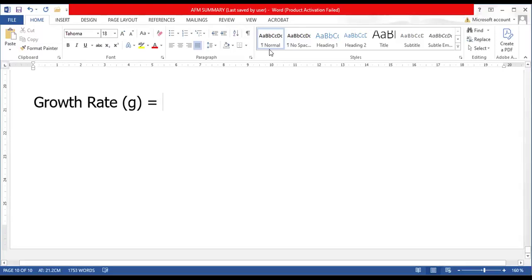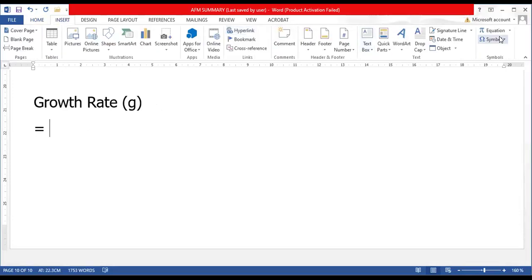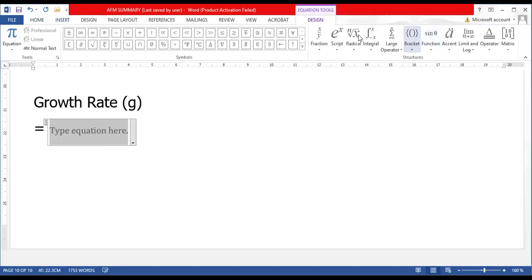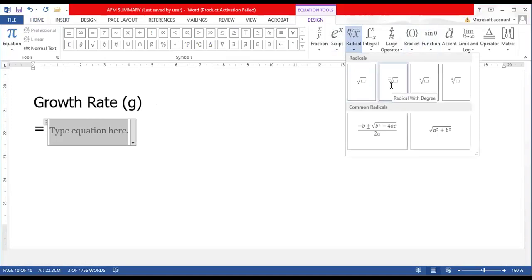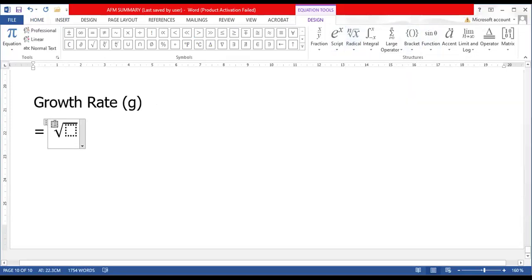Let me just write. Hold on a minute. I first put this formula, then I will explain it. This is n minus 1.